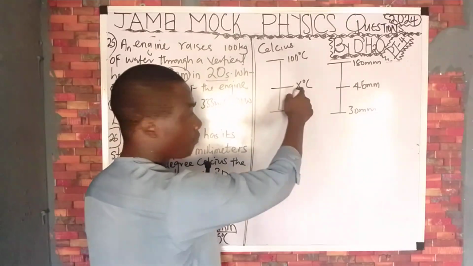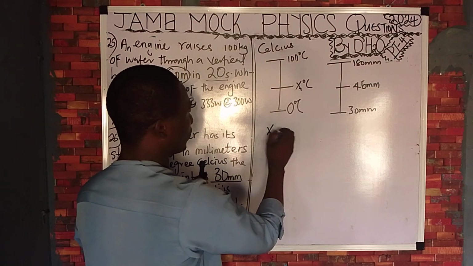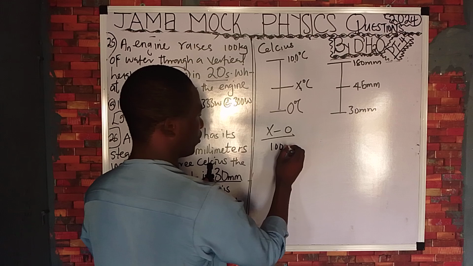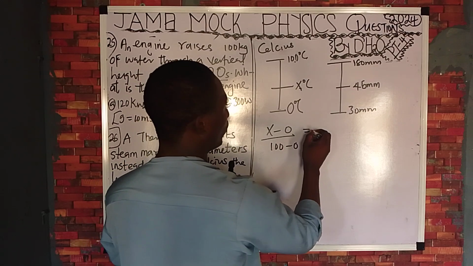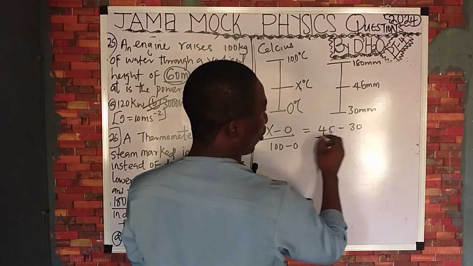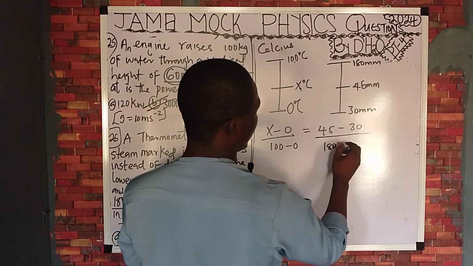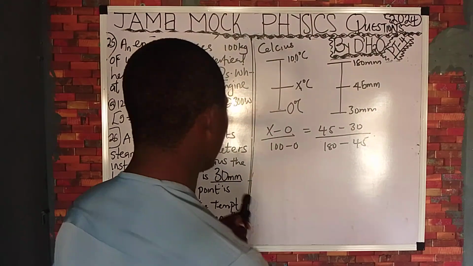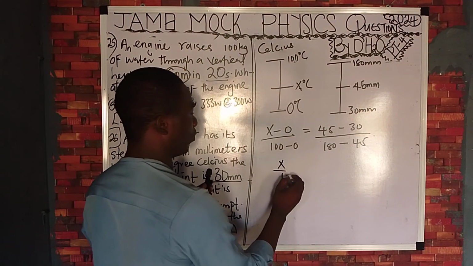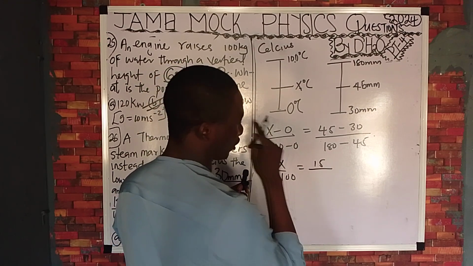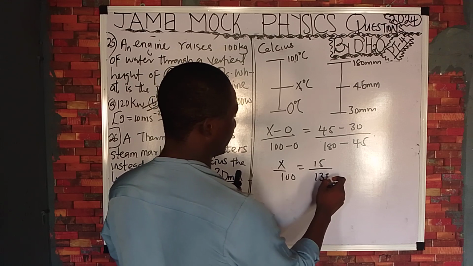We have x minus 0 over 100 minus 0 equals 45 minus 30 all over 180 minus 45. Okay? So we have x over 100 equals 15 over 180 minus 45, which gives us 135.